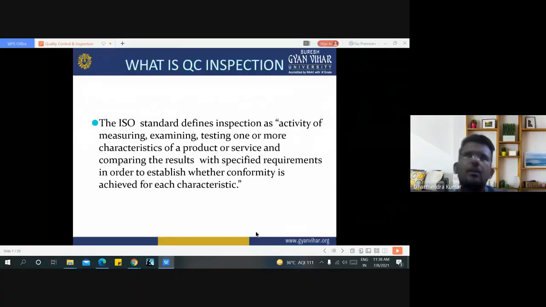So it is the activity of measuring, examining, and testing the characteristics of a product which we have decided earlier.